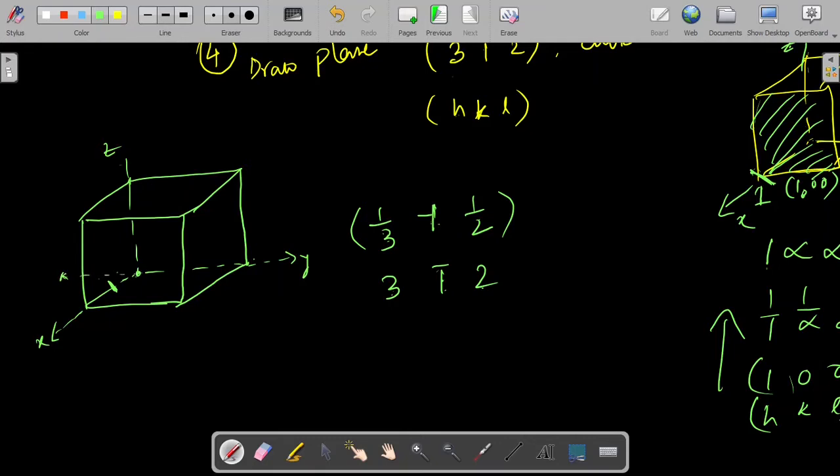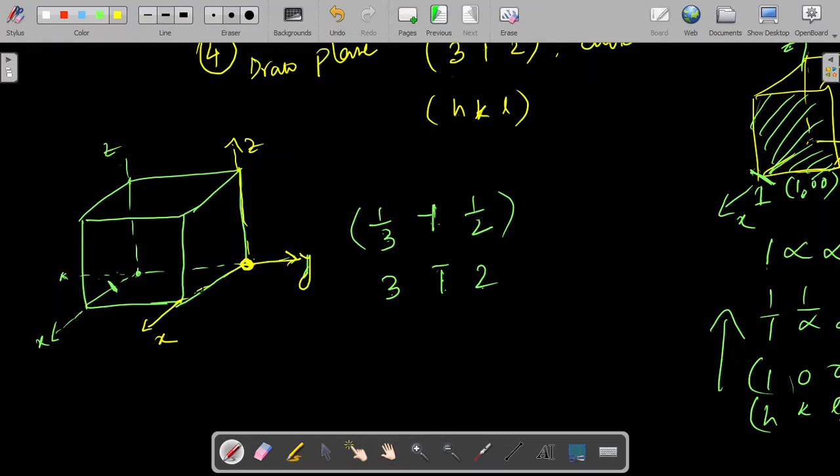So that's outside the cube. So that's why what we have to do is take our origin to be here, and then this is y, this is x, and this is z, so that we can take this intercept within this cube, right?